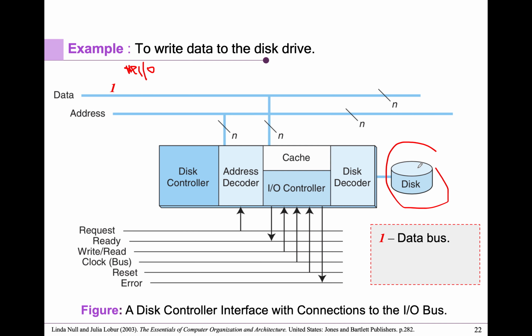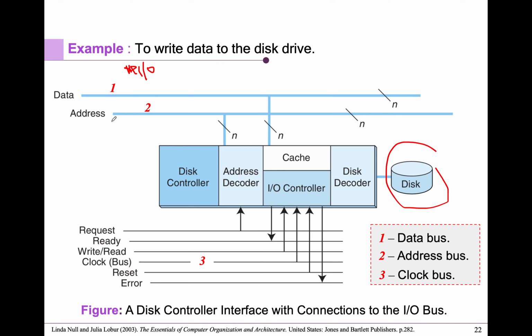First, of course, you're going to go through using your data bus. And another important thing is your address bus. This is the one that's going to inform you where you're going, your destination, and about the address also.